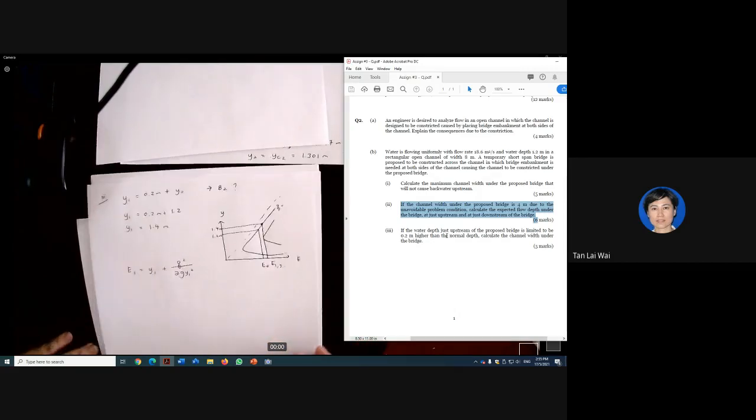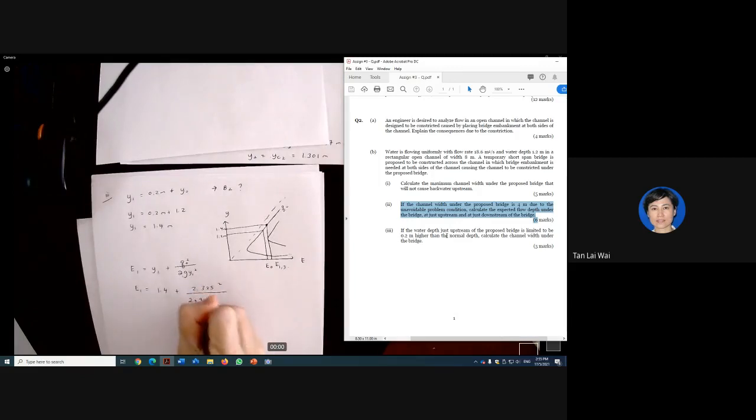So E1, with Q naught here, is 1.4 plus... what is my Q naught? 2.325 squared over 2 times 9.81 times 1.4 squared.